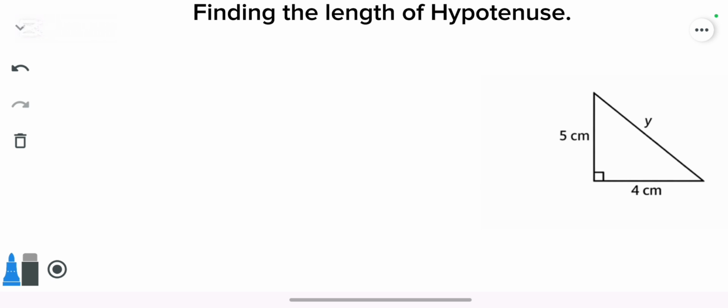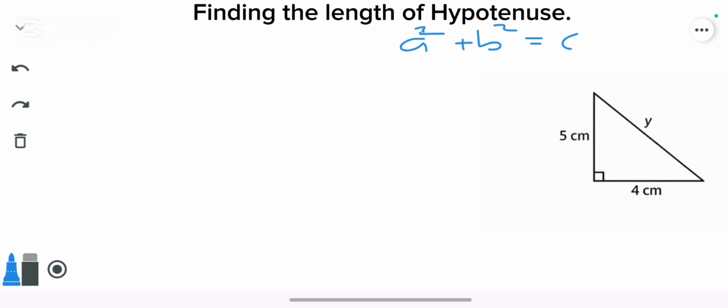So without any delay, let's move straight on and solve the equation, or find the length of the hypotenuse. Now we know the equation here. We are going to use this equation to find the length of the hypotenuse. So there we go.